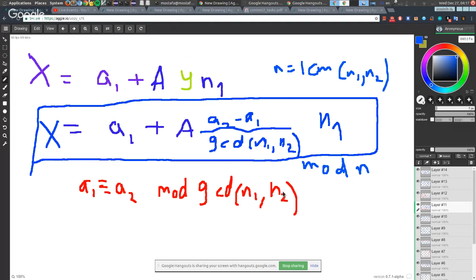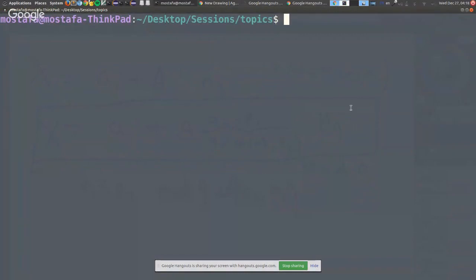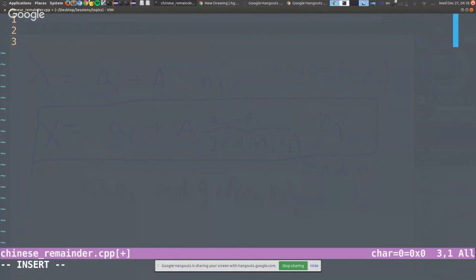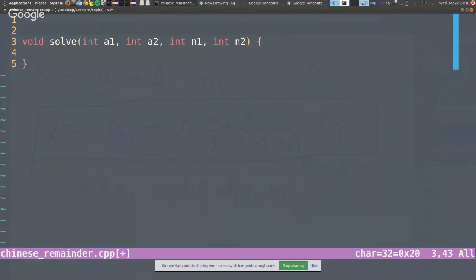So putting this into code, here we put R as the GCD of N1 and N2.